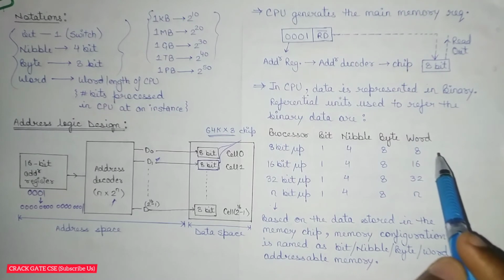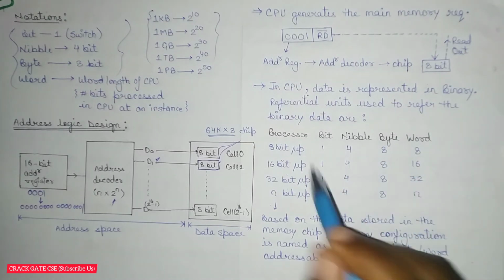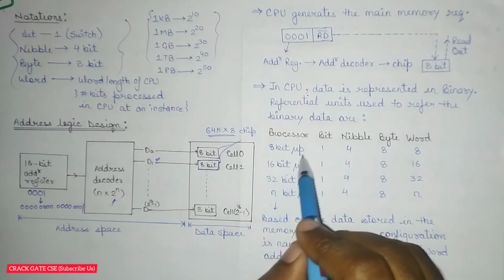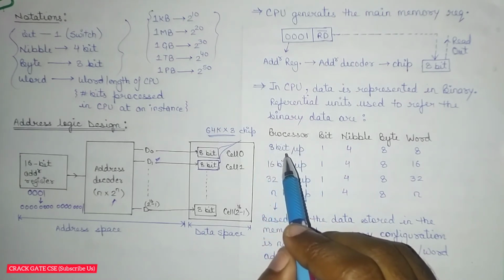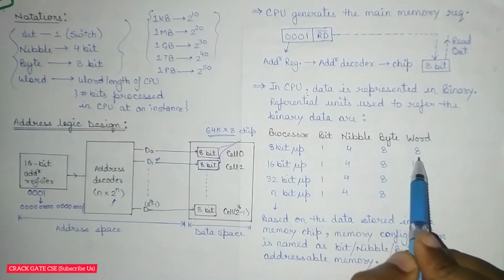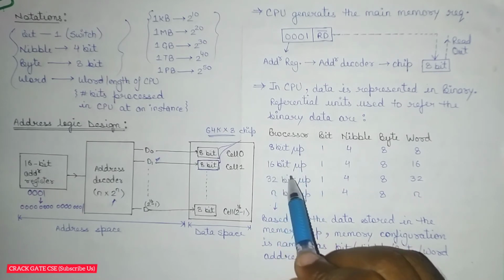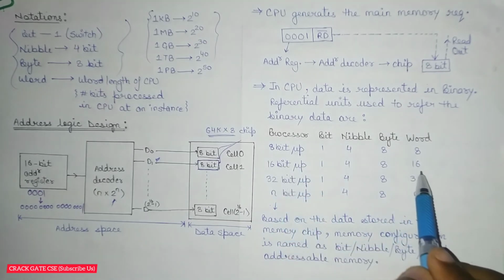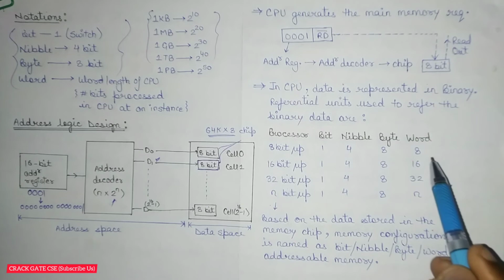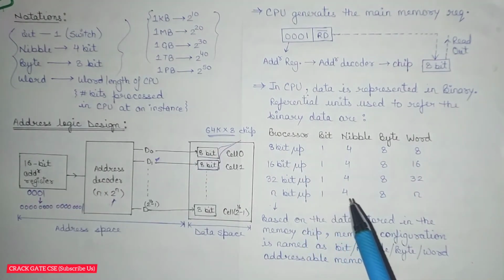The word length of the CPU is the number of bits that the CPU can process at a time. Here it is an 8-bit microprocessor. That means the CPU will be able to process 8 bits at a time. Therefore the word is 8 bits. In a 16-bit microprocessor, the CPU is able to process 16 bits at a time. Therefore the word will be 16 bits, and the same way it can increase as per the processor word length, right?